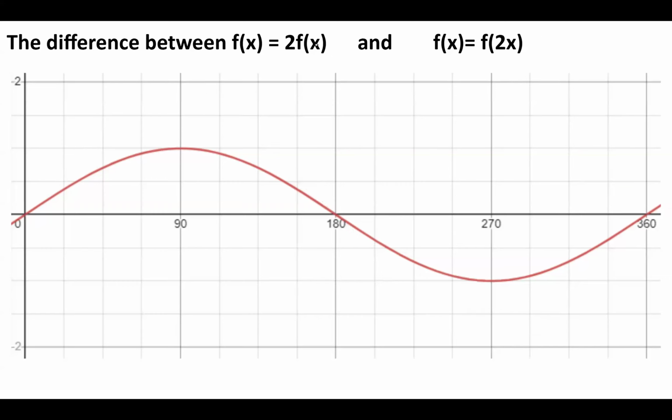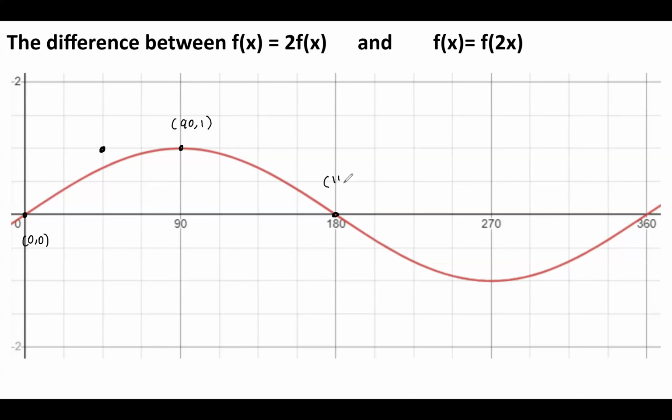So let's see what happens here. Well, again, currently we're at 0, 0. So 0 divided by 2 is still 0, so that stays as it is. However, over here, we're at 91. The y coordinate is not going to change. However, the x coordinate is now going to become 45. So this is our new coordinate over here. Likewise, if we think about this point here, 180 divided by 2 is now going to become 90.